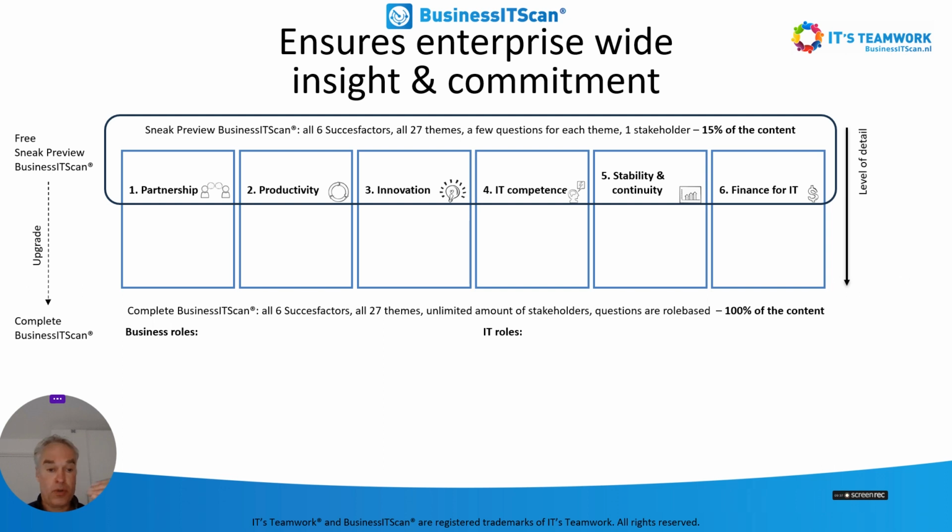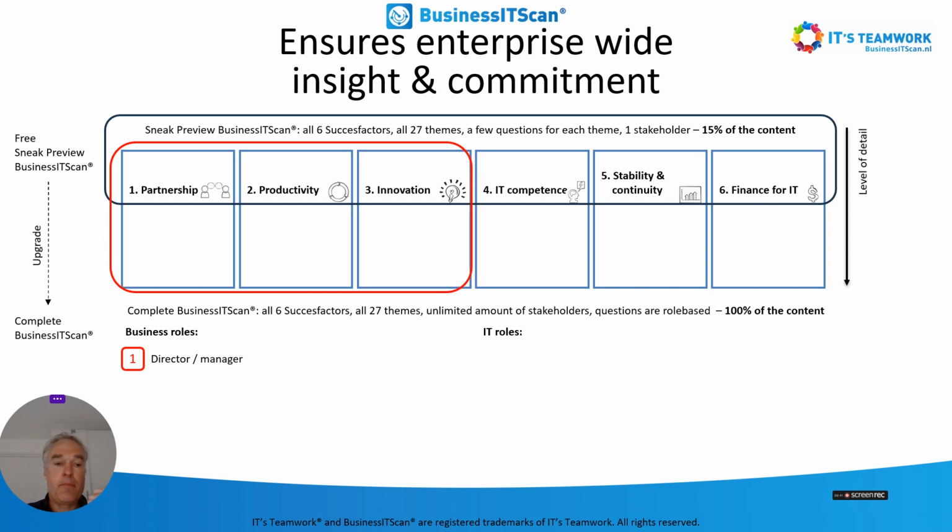Because we value the opinion of everybody, but not everybody should, according to our point of view, get the same questions. Meaning that we have a role, for example, for the director, the manager, and he gets questions about the first 3 success factors for digital transformation.